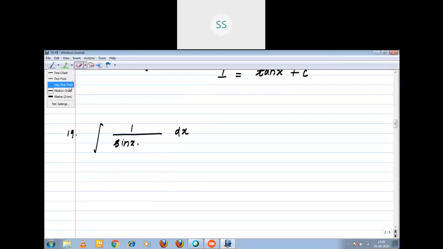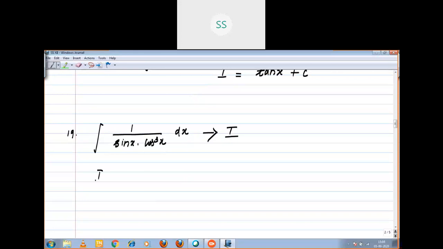Now you see, 1 by sin x into cos cube x. I told you the given integral we cannot integrate directly. We want to convert it in terms of tan and secant square. For that purpose, I am going to multiply numerator and denominator by cos x.